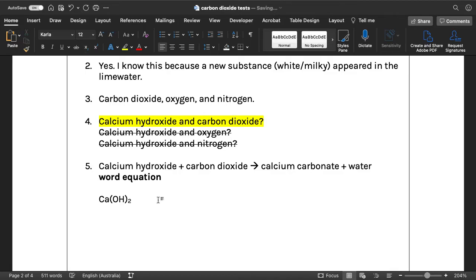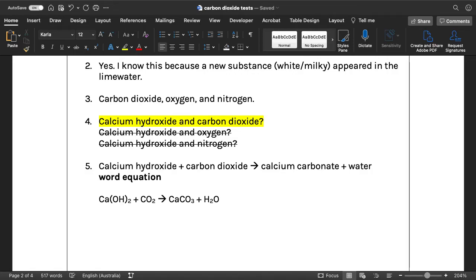And then there it is, that's my chemical, and then I'm going to do CO2 now. CO, I want the smaller 2, Command plus sign, press the 2, Command plus sign, undo that, give myself an arrow, and then calcium carbonate is CaCO3, small 3, Command plus sign, plus the H2O, H, Command plus sign, 2, undo that, and then there it is.